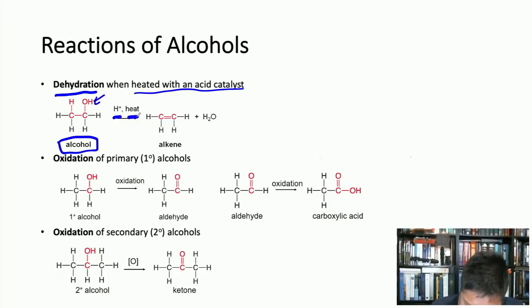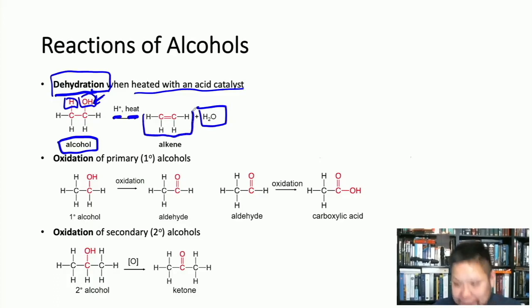In this reaction, though, with the heat and the acid, what happens? Well, it's called a dehydration reaction because you lose the water from the molecule, right? The H from here and the OH from here combine with each other to make a water, and now you have an alkene instead of an alcohol.